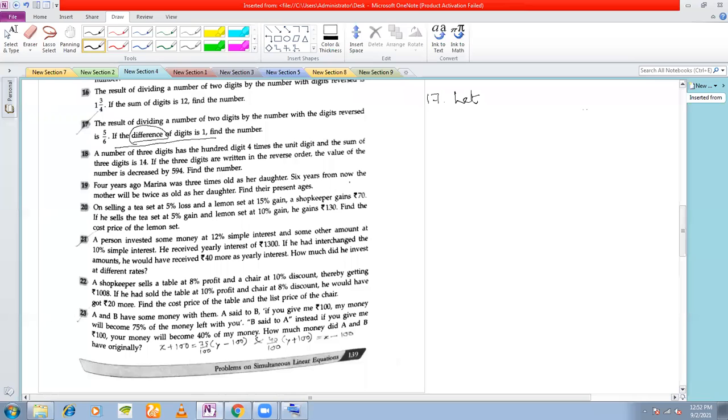The difference of the digits is 1. So let the tens digit and units digit of the original number be x and y respectively.